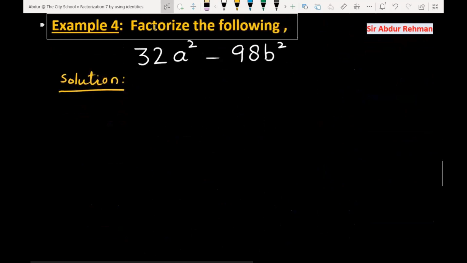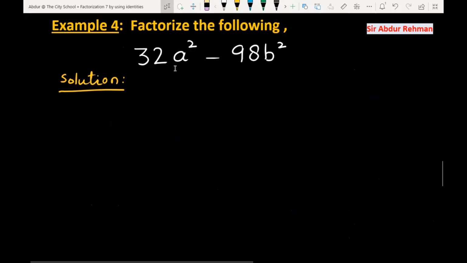In example number 4, factorize the following: 32a square minus 98b square. First condition is that the first term must be a positive sign and the second term must be a negative sign. Okay, first condition is fulfilled here.